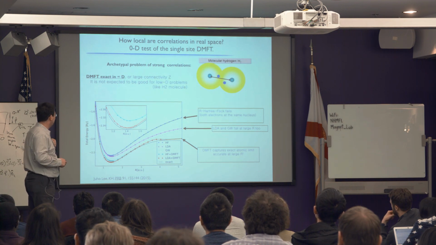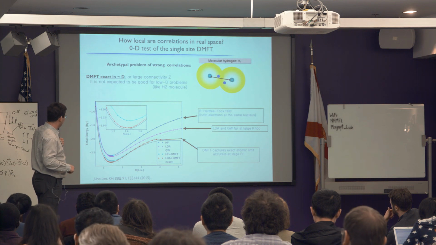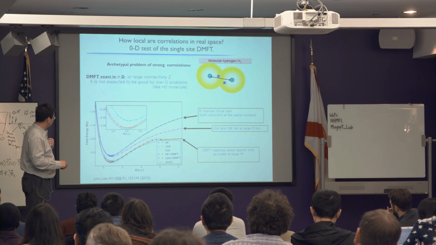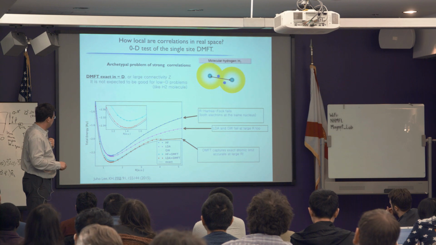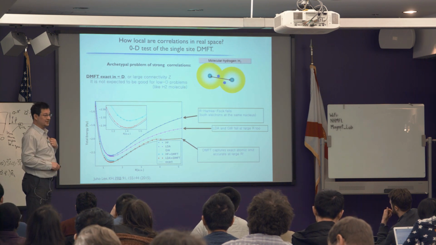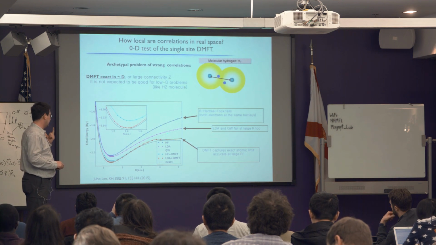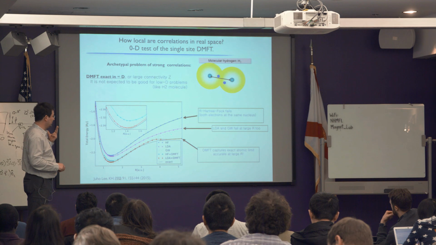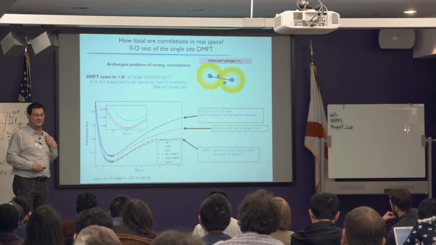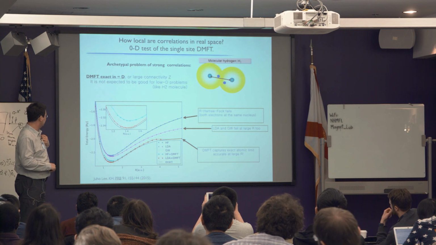Well, it's not so bad. Here I'm showing Hartree-Fock, then LDA, GW, and finally DMFT, along with an exact result. What do you see? It's better than LDA, better than Hartree-Fock, better than GW. It's the best. Especially LDA plus DMFT is really good.